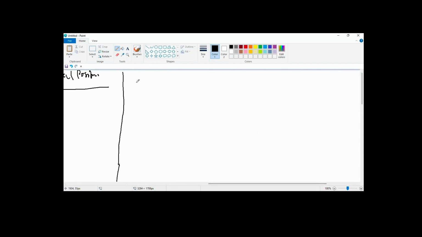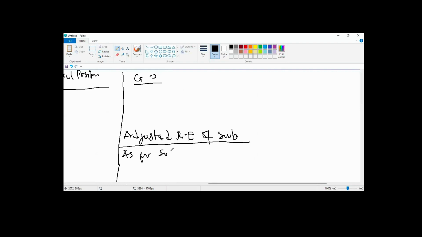I'll need the group structure, adjusted to the end of the subsidiary as per SOFP.